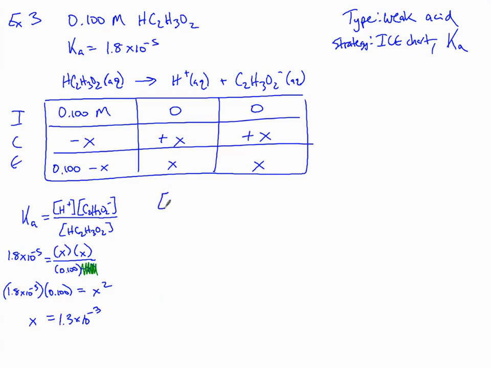And so we find the concentration of all of the species. Let's separate this off. Concentration of hydrogen is X, which is 1.3 times 10 to the minus third molar. The concentration of the acetate is X, which is 1.3 times 10 to the minus third molar.